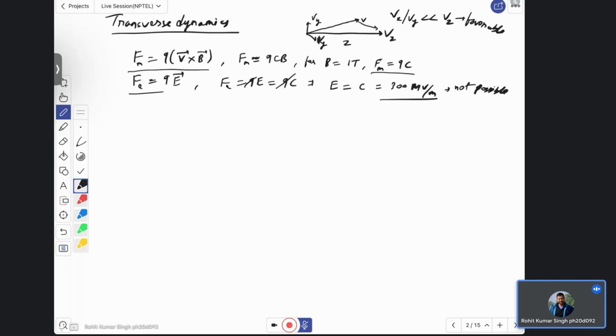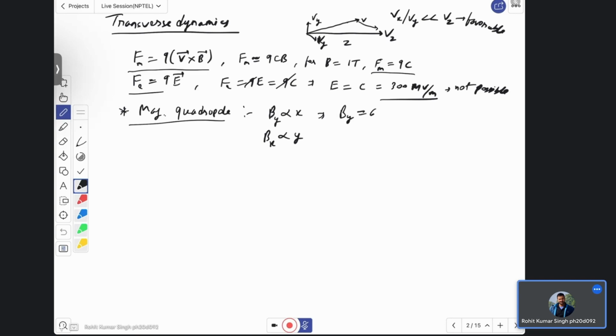So in the case of a magnetic quadrupole, the magnetic field in the y direction is proportional to x, and the magnetic field in the x direction is proportional to y.